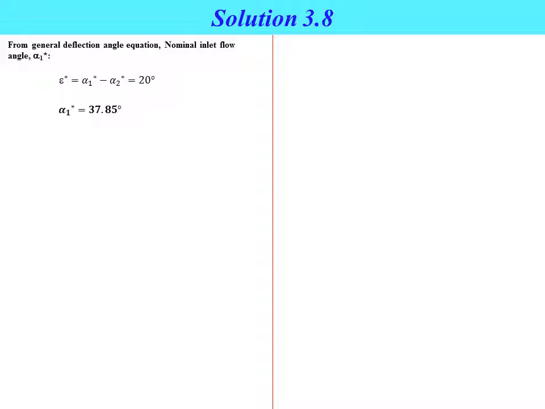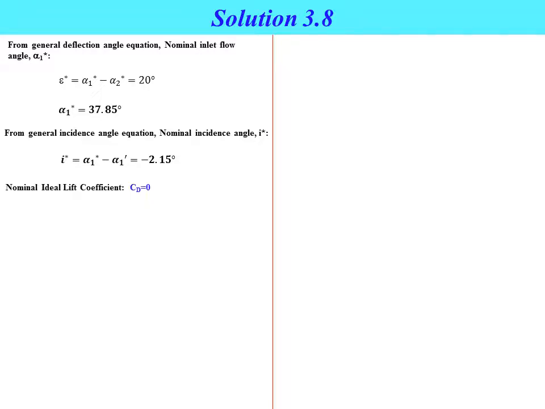From the equation, we can determine the value of alpha 1 star, because alpha 2 star we already obtained from the previous step. So alpha 1 star equal to 37.85 degrees. From the general incident angle equation, the nominal incident angle i star can be determined, where i star equals alpha 1 star minus alpha 1 prime, which is equal to negative 2.15 degrees.